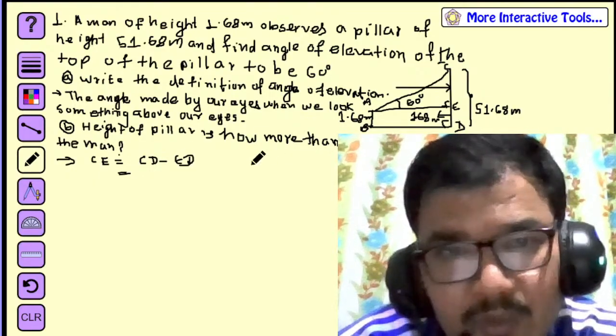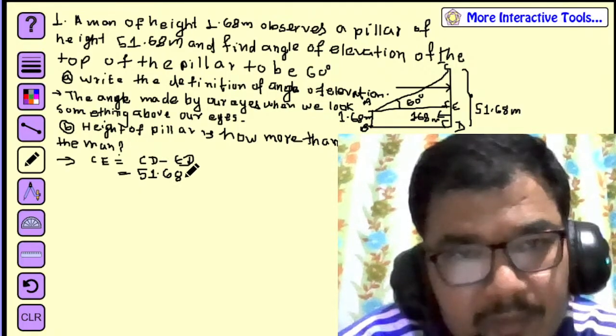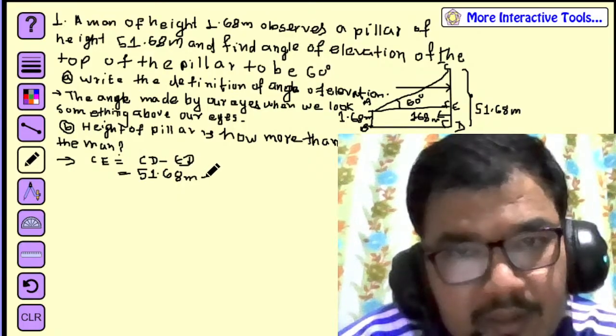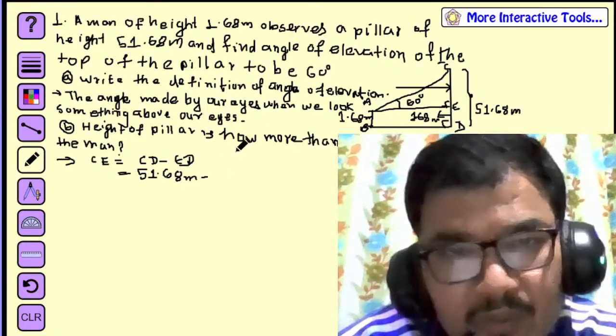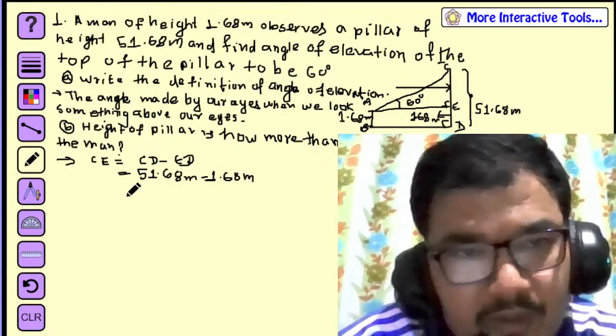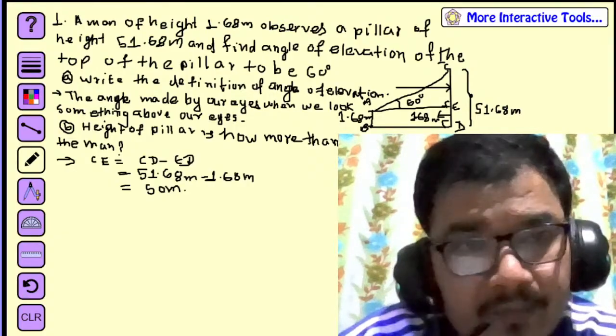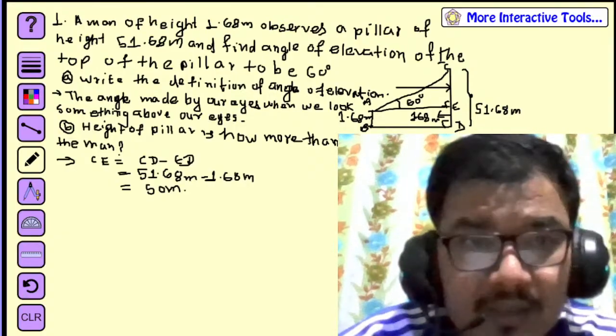CD was 51.68 meter, minus ED, which is 1.68 meter, that is the height of the man. Then when you find this difference, you will get 50 only. 50 meter is the difference of the tower and the height of the man. Okay, like this we find it.